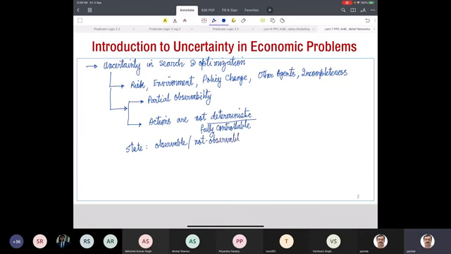Secondly, for the state, certain values may be missing, and certain values may be noisy or incorrect. So one is certain variables are not observable; these are about variables. And these are about values.